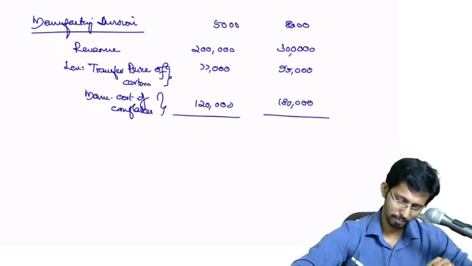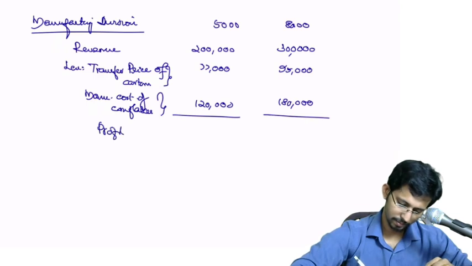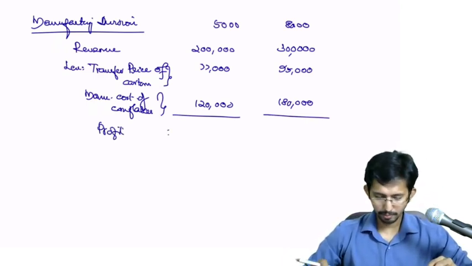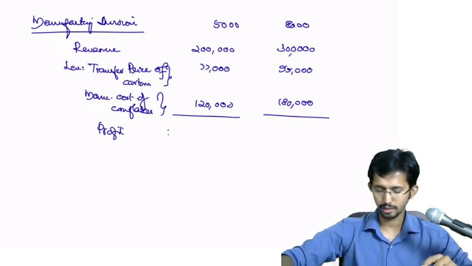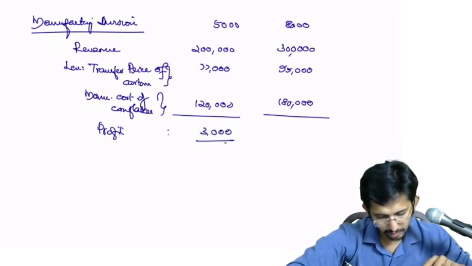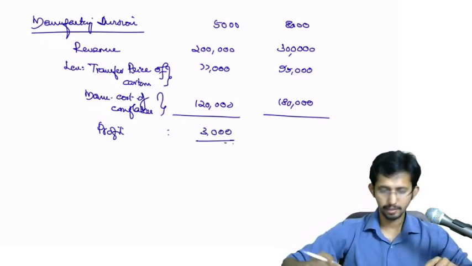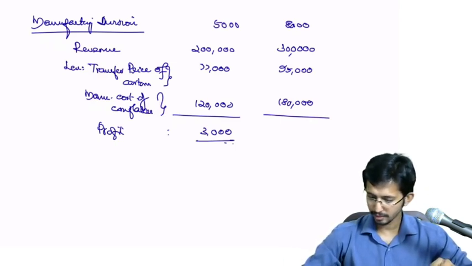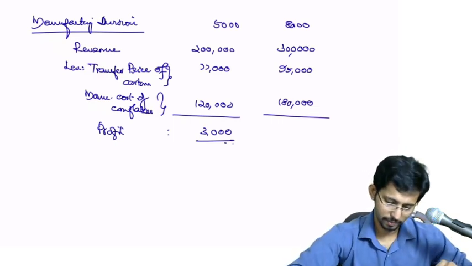Therefore profit will be 2 lakh minus 77,000 minus 1,20,000, so 3,000 here, and 3 lakh minus 95,000 minus 1,80,000, that is 25,000.